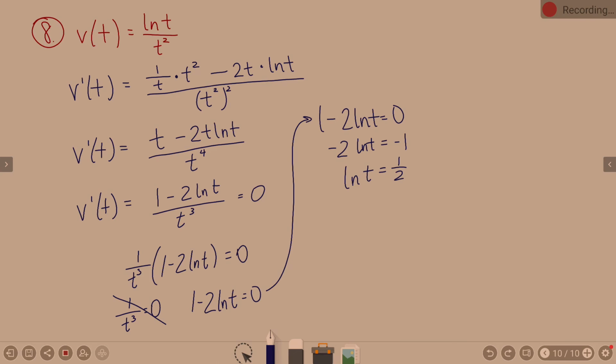And then this is where my brain goes left, right, middle, because natural log of t is what base? That's base e. So then I would say e to the 1/2 is equal to t, which is that t is equal to e to the 1/2.